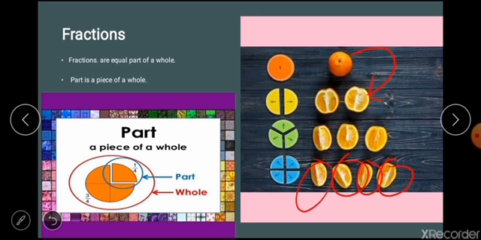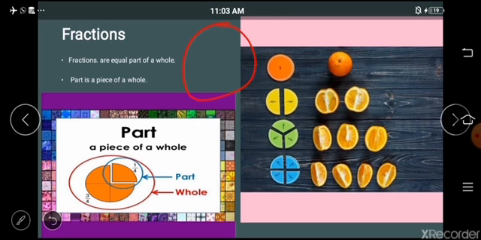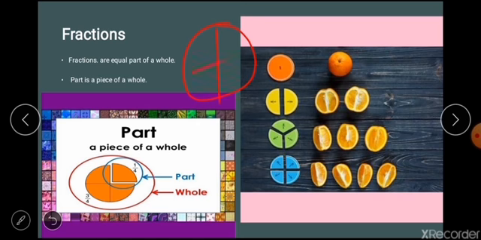So this I am representing by a whole quantity. Then if I divide this into four equal parts, as you can see, if I draw a circle and divide it into four equal parts, this shaded portion is 1/4 of the whole.